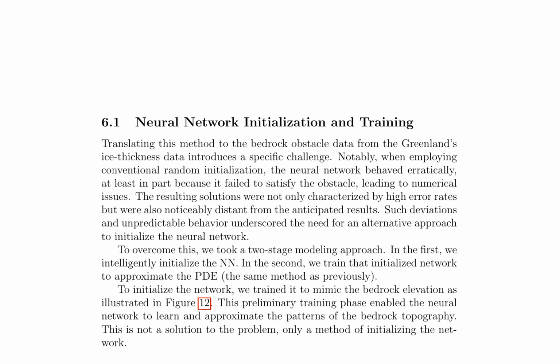In the first stage, the neural network is intelligently initialized by training it to mimic the bedrock elevation, as shown in Figure 12. This preliminary training phase enables the network to learn and approximate the patterns of the bedrock topography. This initialization method is not a solution to the problem but rather a means of priming the network for subsequent training.